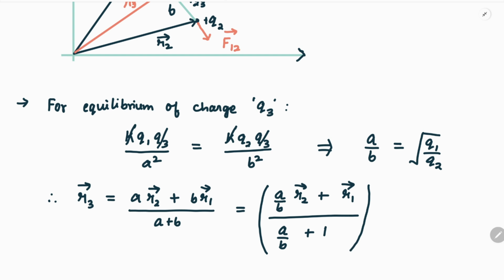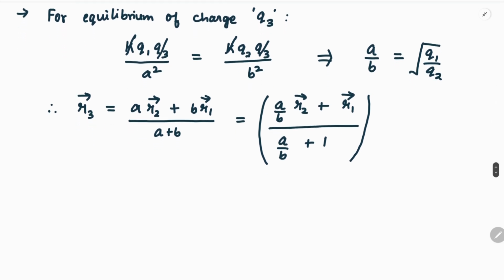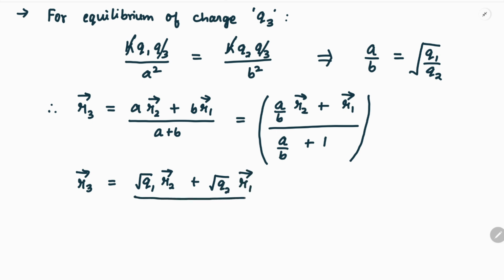So if we substitute the value of a by b over here, we get r3 vector as root over q1 r2 vector plus root over q2 r1 vector, divided by root over q1 plus root over q2. So this is the first answer which we are looking for, that is the position of r3 vector which the problem has asked us to evaluate.